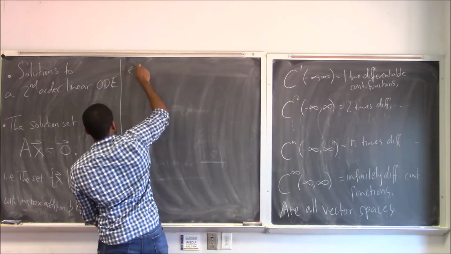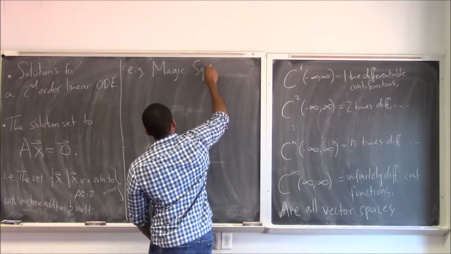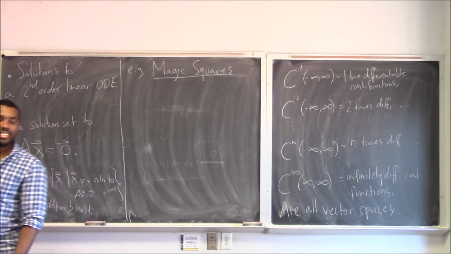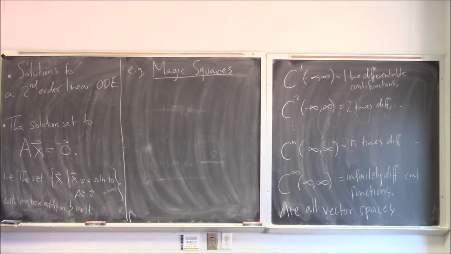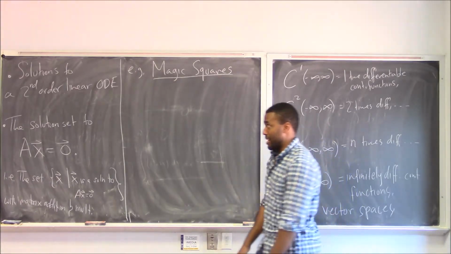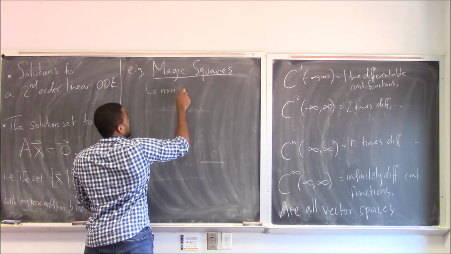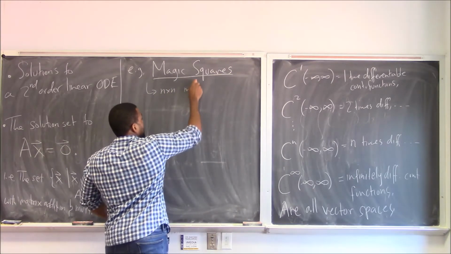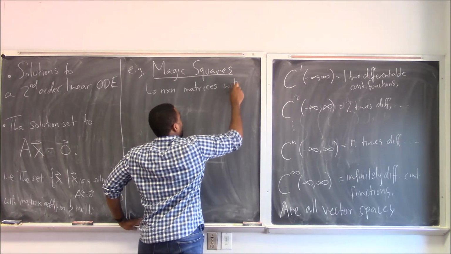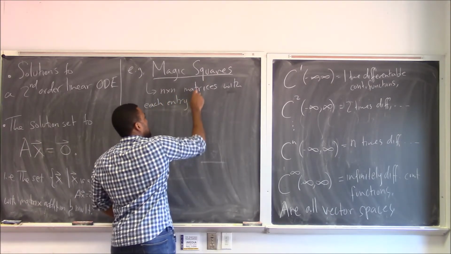Quirky example for all the geeks out there: magic squares. Does anyone know what a magic square is? It's kind of like a number game, kind of like a Sudoku thing that people like playing around with, kind of like how people like playing around with prime numbers. These are n by n squares, but we can think of them as matrices, with each entry distinct.